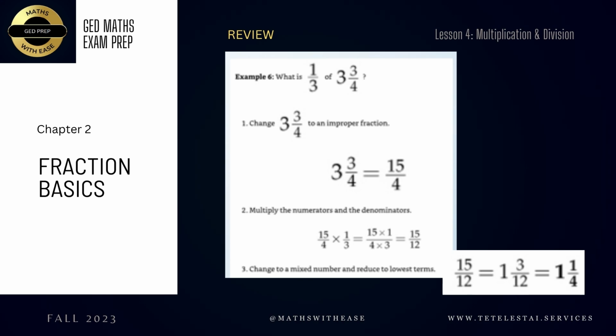So you divide 3 into itself, and that is 1. 3 divided by 3 is 1. Divide 3 into 12, and that gives you 4. And 1 1/4 is your mixed number in its lowest terms. So we now have our answer. 1/3 of 3 3/4 is 1 1/4.